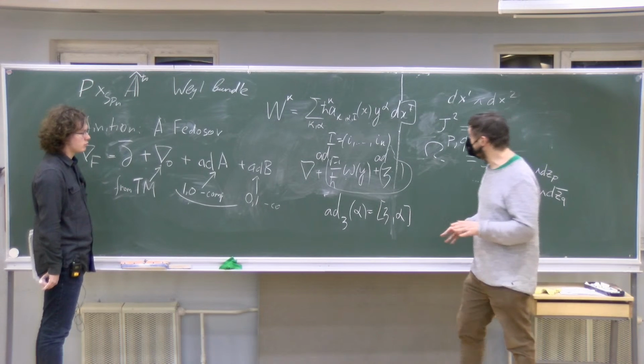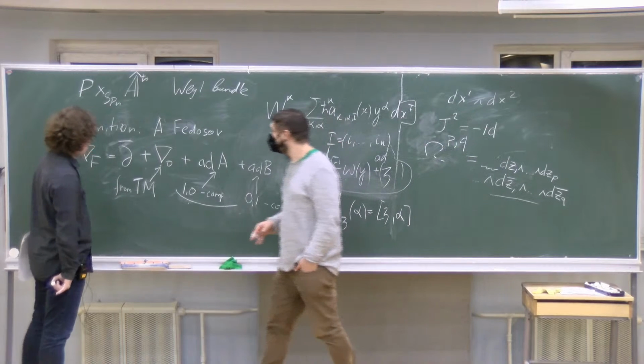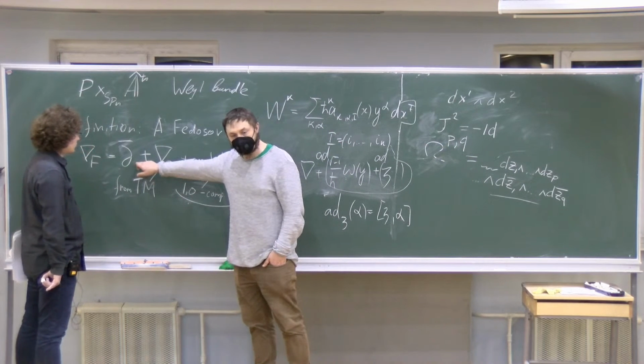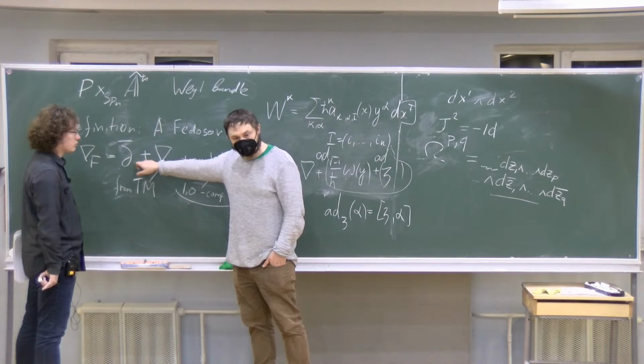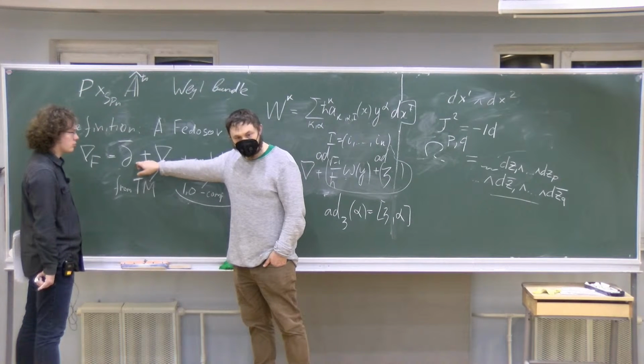What is important is that in complex geometry there is one well-defined operator that is called the Dolbeault operator. And it is precisely the Cauchy-Riemann operator in the one-dimensional sense.